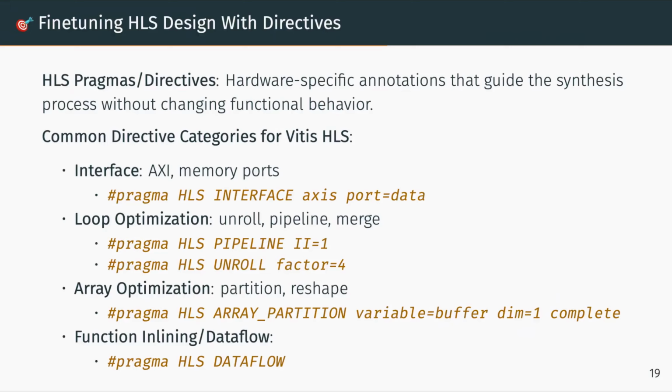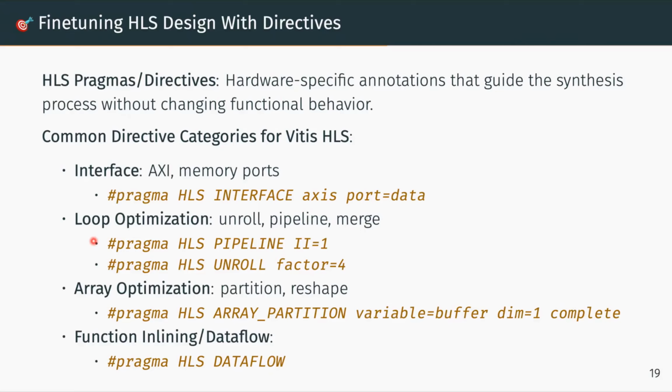So if you have that in mind, you can write the code, and you need to put in certain directives for the HLS tools to guide the synthesis process without changing the functional behavior. For example, you need to tell them what the port is, so you want to say that the interface is AXI and the port is called data.